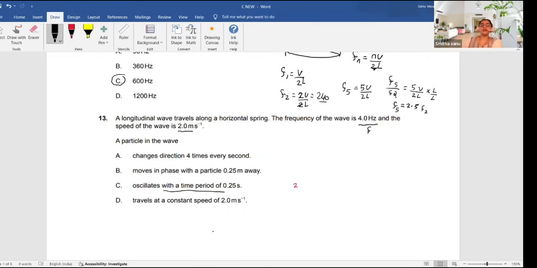This is something we can relate to because frequency is the inverse of time. Therefore, time period is the inverse of frequency, which means 1 over 4, and 1/4 is 0.25 seconds. So the answer is C.